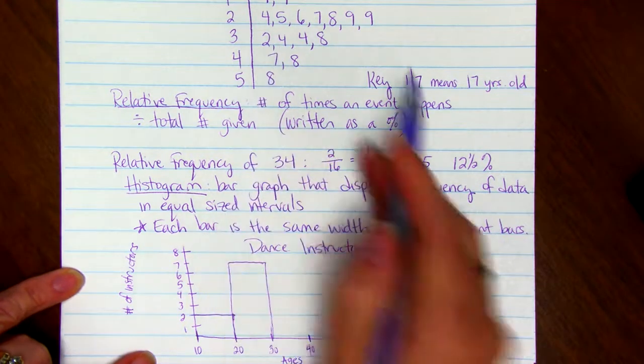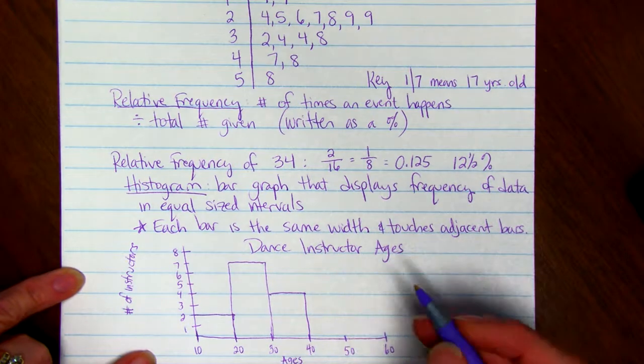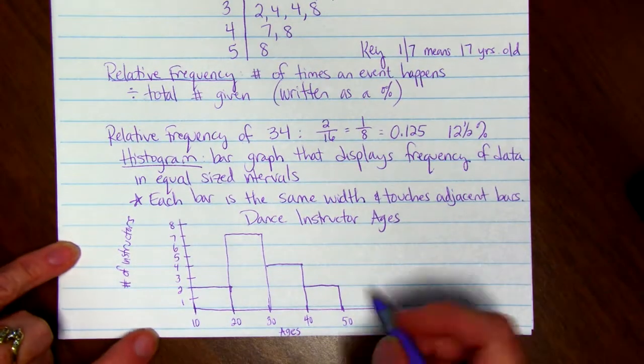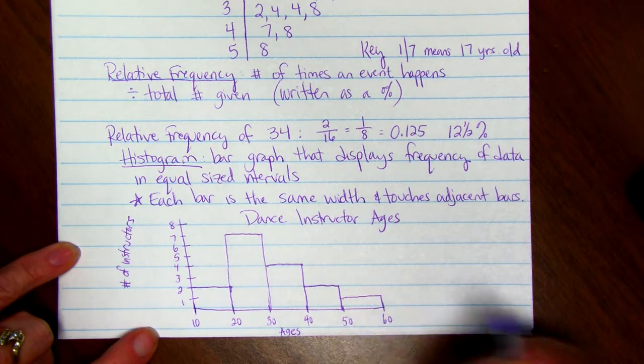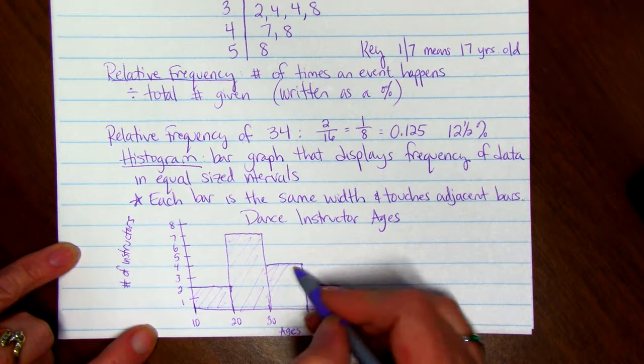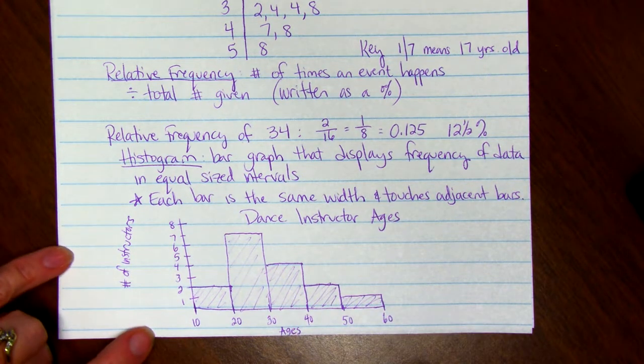Between 30 and 40, we have 4. 40 to 50, we have 2. And from 50 to 60, we have 1. And then you can color in the bars or make little designs or something. And that's the end of the lesson.